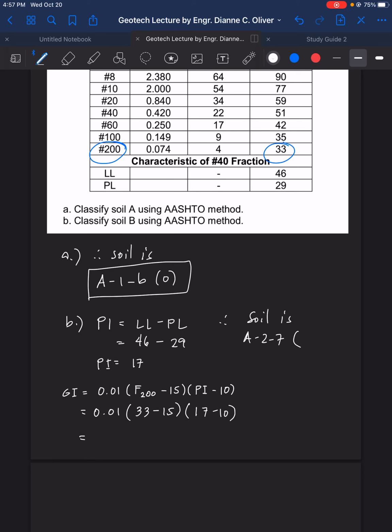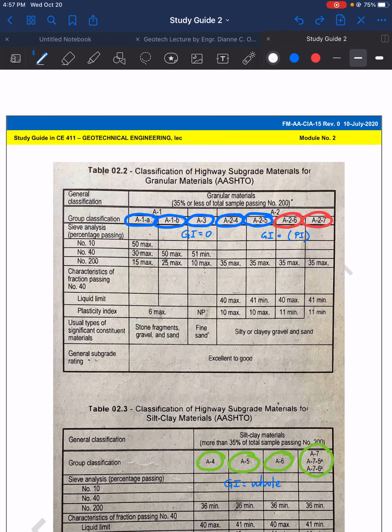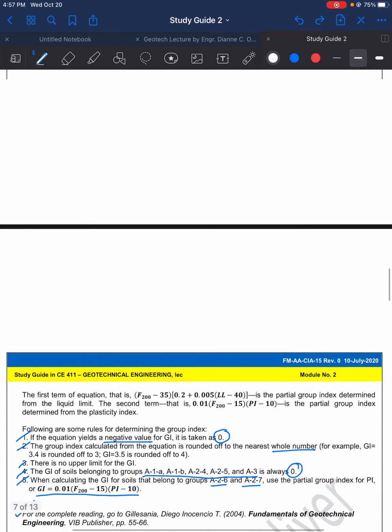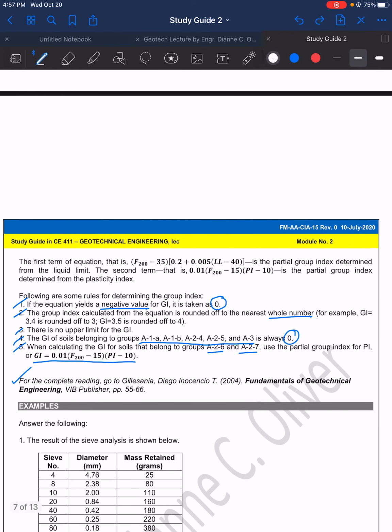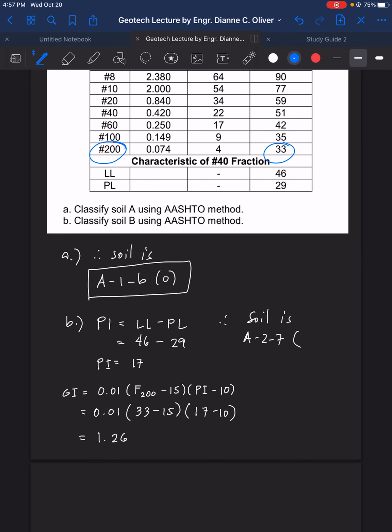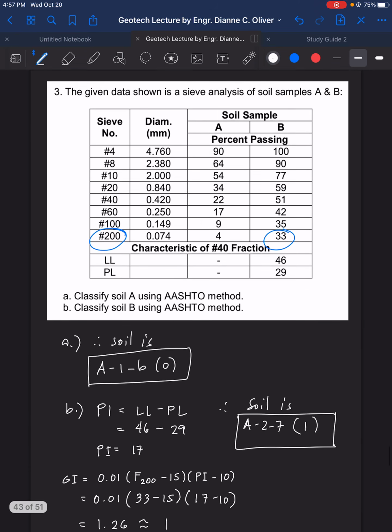That is equal to 1.26. Again, remember that it mentioned that it should be a whole number only. Therefore, this is approximately equal to 1. So, soil is A-2-7, parenthesis, GI is 1. So, this is the final answer. Okay? So, that's for number 3.